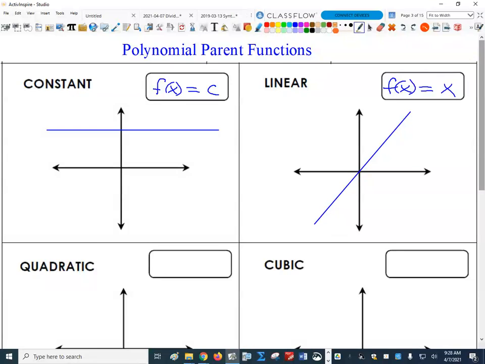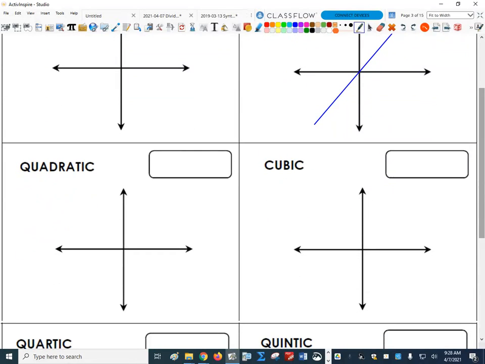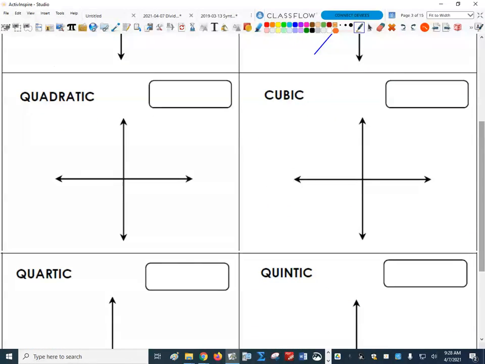Okay. Our most basic quadratic. Okay, remember what's the graph of that going to look like? Parabola, okay. Something like that. Most basic cubic. X cubed, okay. And remember what that one looked like.